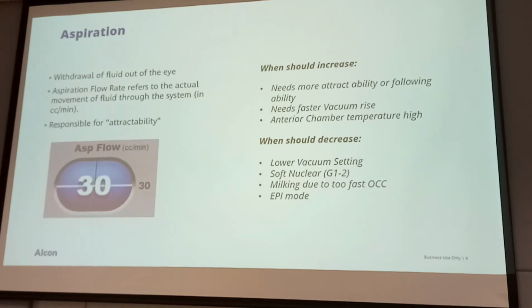For example, for a young patient with a very clear nucleus, you cannot treat it like a dense cataract to hold and break. It's like using chopsticks to hold tofu: too much strength, you cannot hold it, you break it.